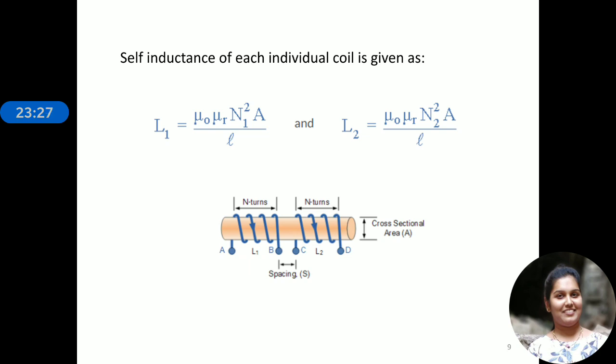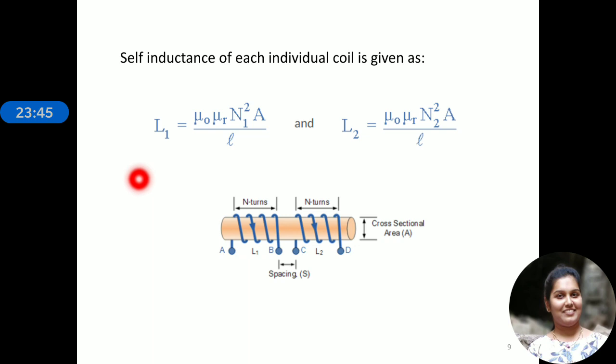Okay, so because of the arrangement of circuit elements, mutual inductance will be developed, and the self-inductance of each individual coil, if we take, can be written as L1 and L2 as two different terms.